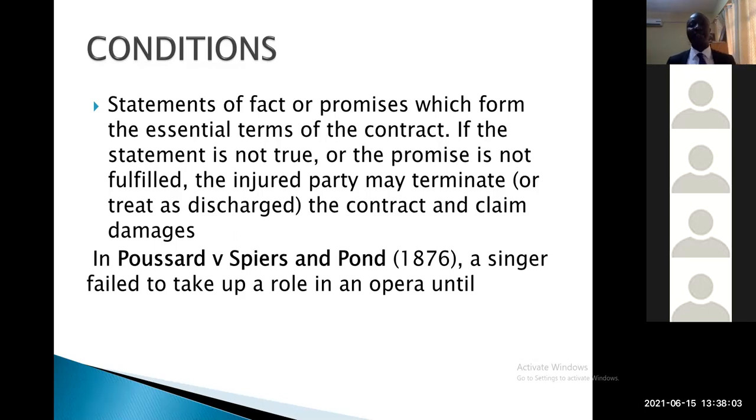It affects the essence of the contract. And that is why a breach of it is considered a good ground, a good reason to repudiate the contract. In other words, to terminate the contract, treat the contract as having been discharged, as having come to an end. Yeah, so that is a condition.